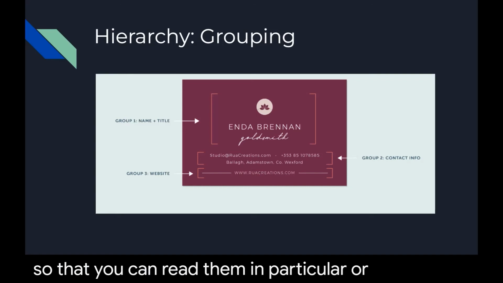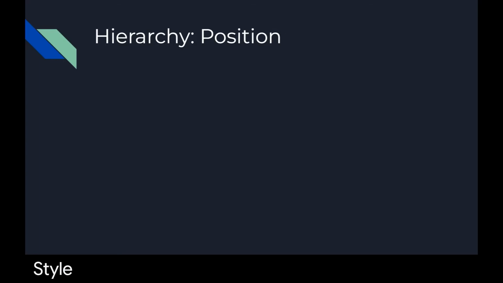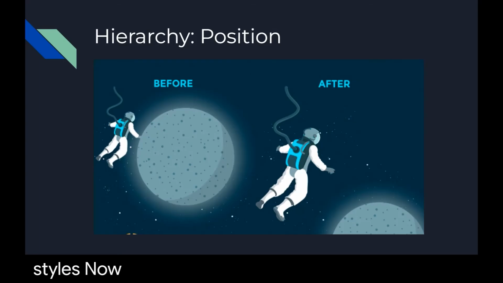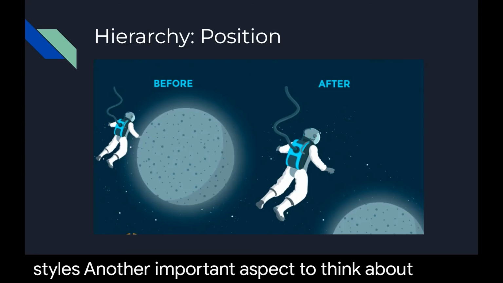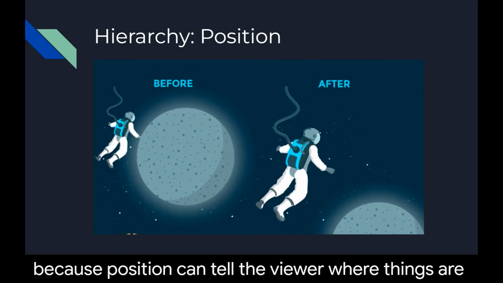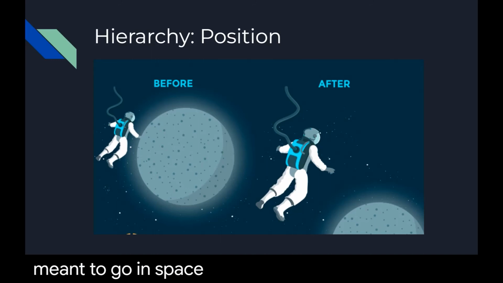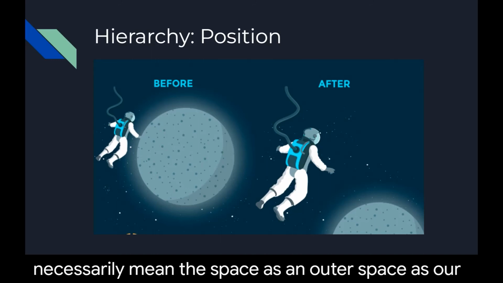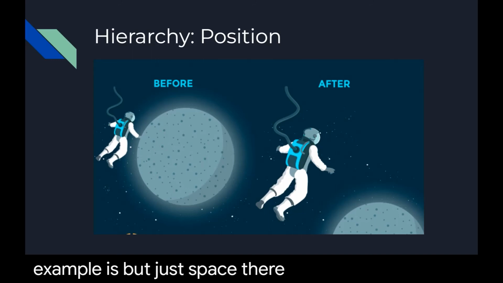Position is another important aspect to think about because position can tell the viewer where things are meant to go in space and reality. And I don't necessarily mean space as in outer space, as our example is, but just space around the page.